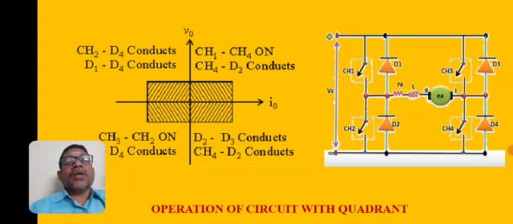For the third quadrant, the switches CH3 and CH2 are turned on, whereas in the fourth quadrant the switch CH4 and diode 2 are turned on. In the first quadrant the voltage and the current are both positive. In the third quadrant the voltage and the current are both negative, and in the second quadrant the voltage is positive, and in the fourth quadrant the voltage is negative.